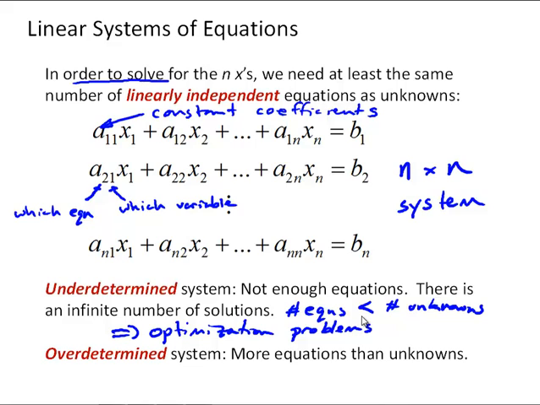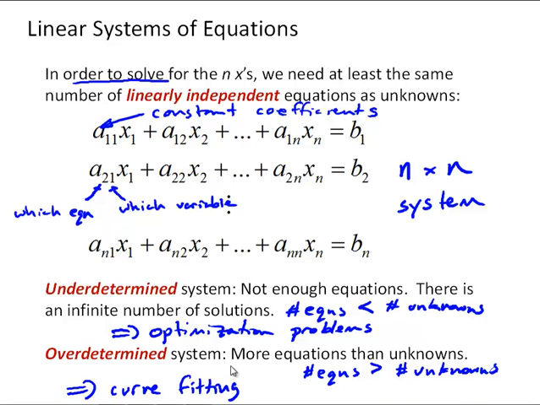We have an overdetermined system if we have more equations than unknowns. In other words, we have more equations, and they might be more linearly independent equations than we have unknowns. And we will see this actually in this class for curve fitting. It's pretty common. And we'll see more examples of that in the coming weeks.